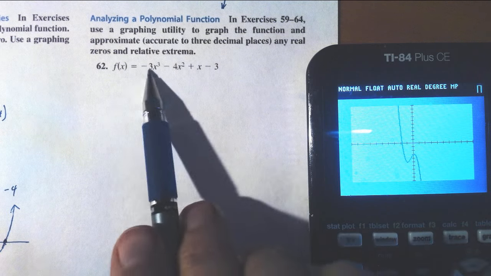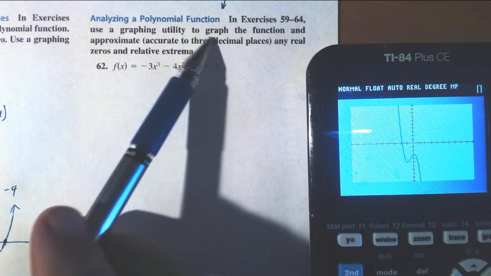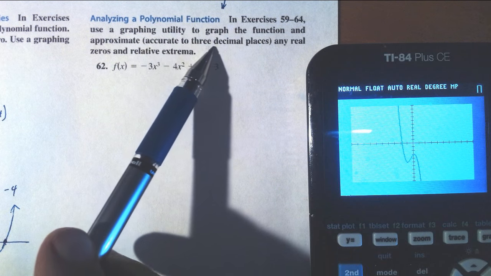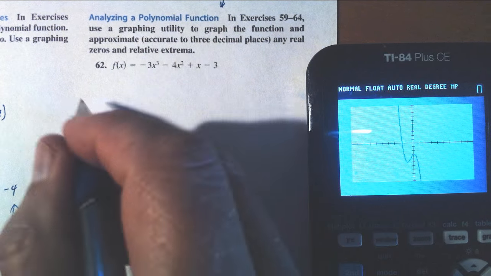It's a negative. So we're going to use the graphing calculator to graph the function, approximate accurate to 3 decimals, any zeros. So here's my zero. I only have one. So second calc 0. It asks for a left bound, so I need to get to the left of the 0.